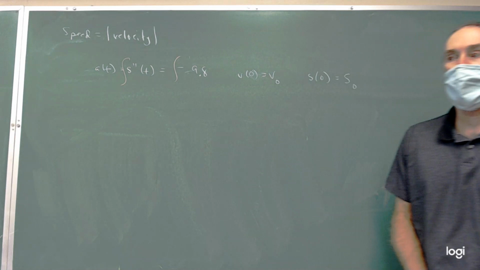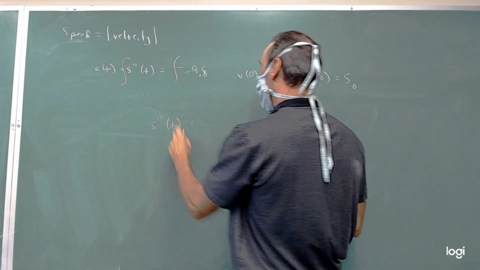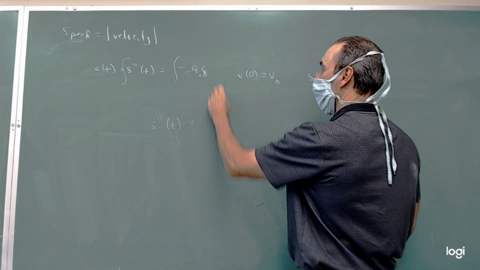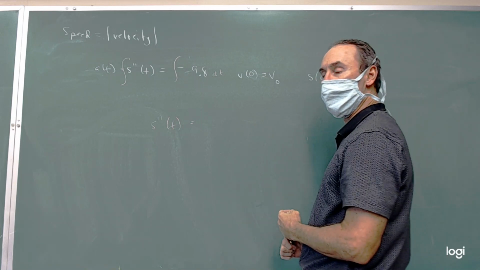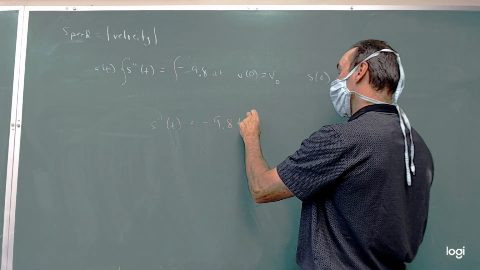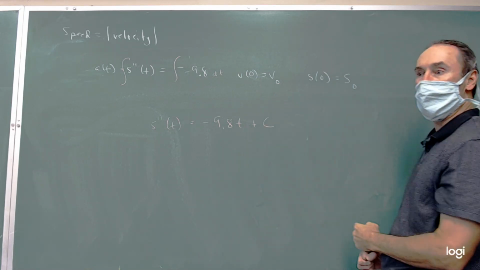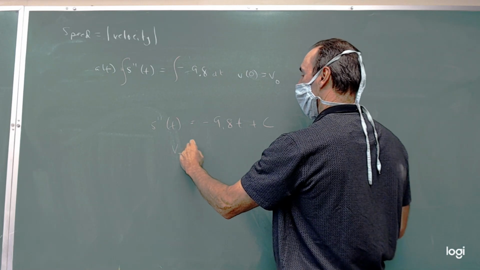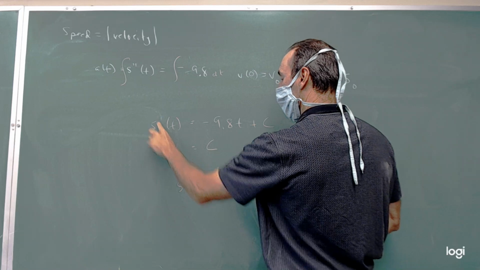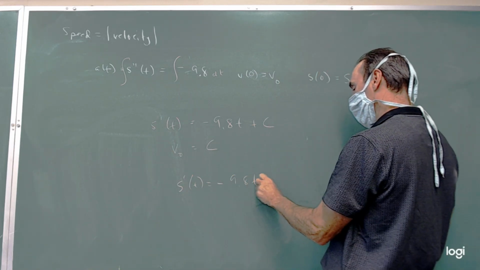here. I'll do the left side. The integral of s double prime is s prime. You integrate the right side. The integral of negative 9.8, with respect to t, if that helps, is negative 9.8 t plus c. We plug in v of 0 equals v sub 0, so v sub 0 is c, so we get s prime of t is negative 9.8 t plus v sub 0.